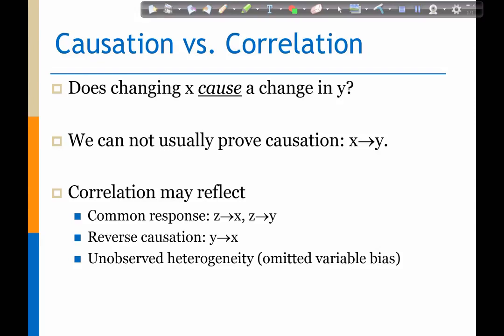So we find that Y might actually affect X and not the other way around. And then in the last example with ability, that's called unobserved heterogeneity or omitted variable bias. We're not including something in the model that really should be there and will help us get a better estimate. All of these things are common problems that need to be addressed if it's going to be a serious regression analysis.